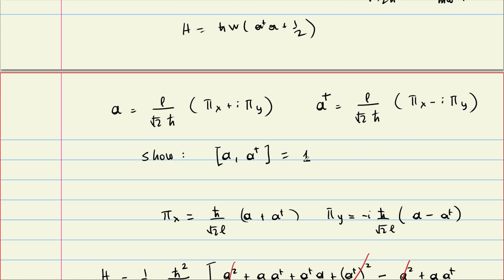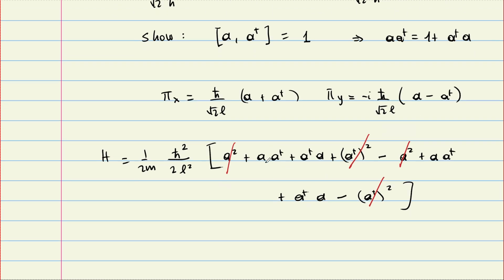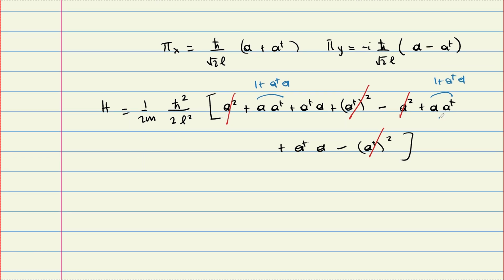And I think it's also 1 for the other usual harmonic oscillator. Maybe you can check your signs. And this means a a† is going to be equal to 1 plus a†a, which is what it should be. And that's what I will use here. This a a† is going to be 1 plus a†a. This is 1 plus a†a. At the end, what this will amount to is 1.